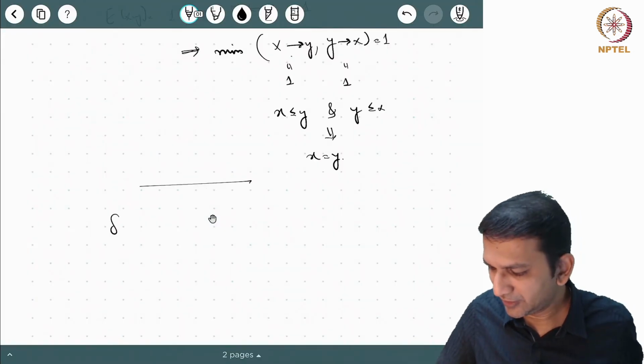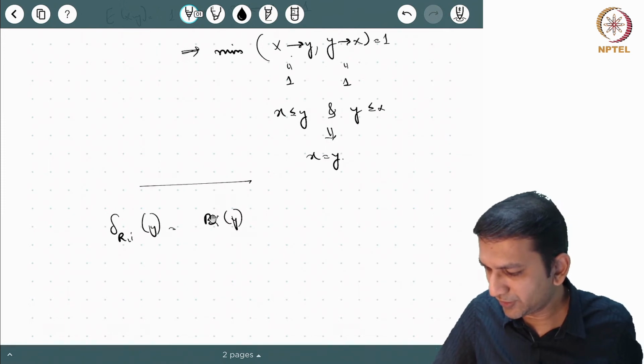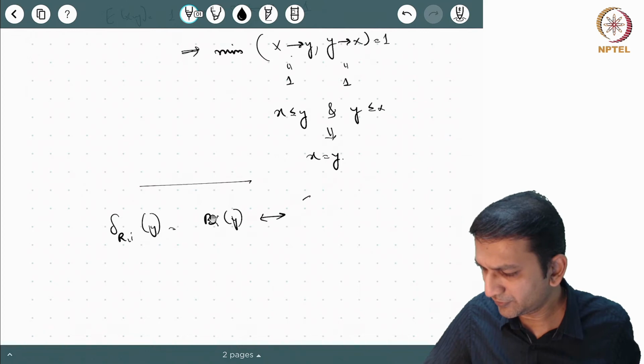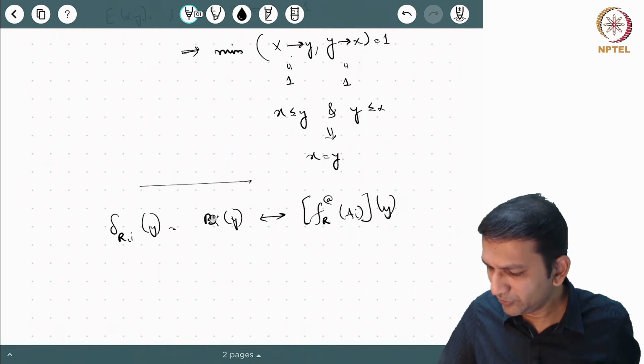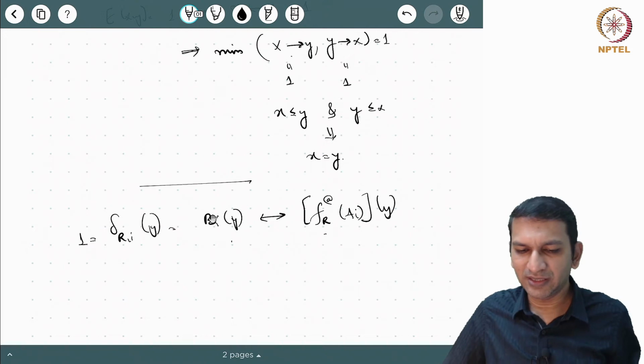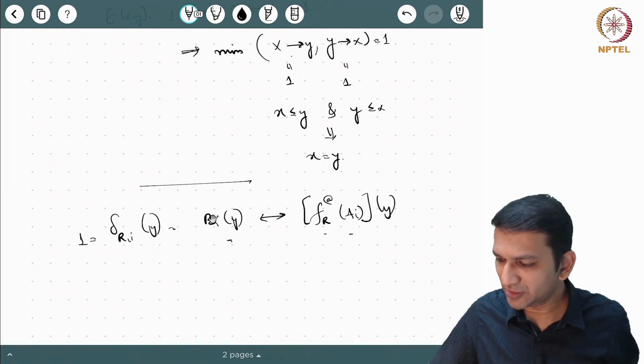Note that delta R i of y is the biresiduum of B i of y and F R at the rate of a i of y. Now, if you know that this is equal to 1, that means both these quantities are the same. These are membership values.